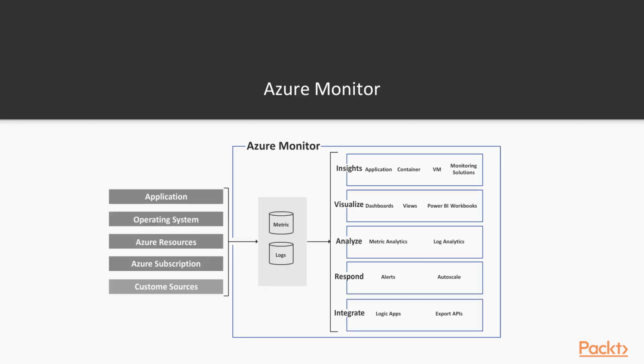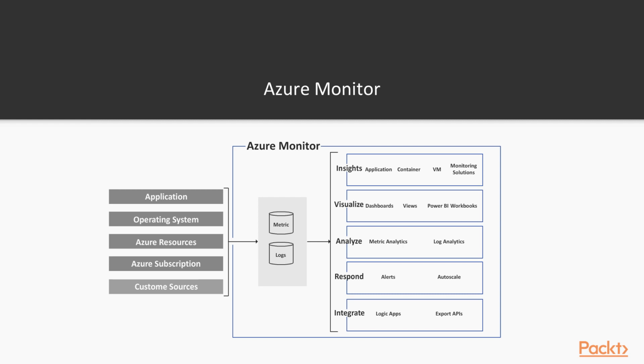As you can see on the screen, now all the telemetry and instrumentation information from applications, operating systems, Azure resources, all the way up to the Azure tenant is being consolidated into metrics and logs within Azure Monitor.